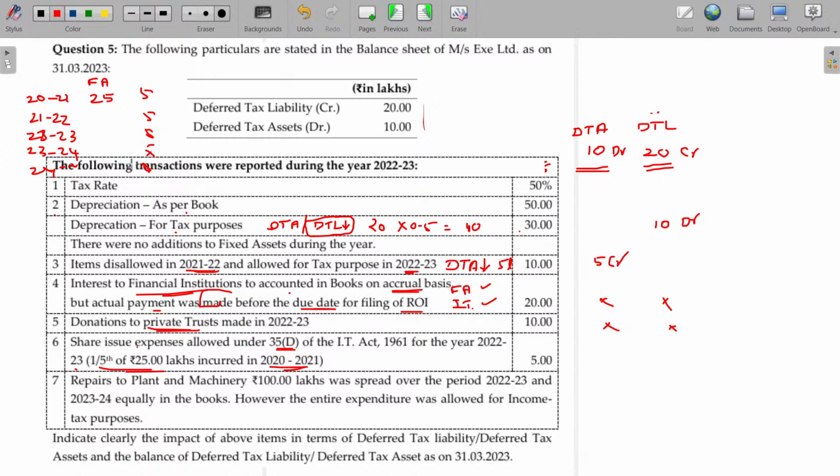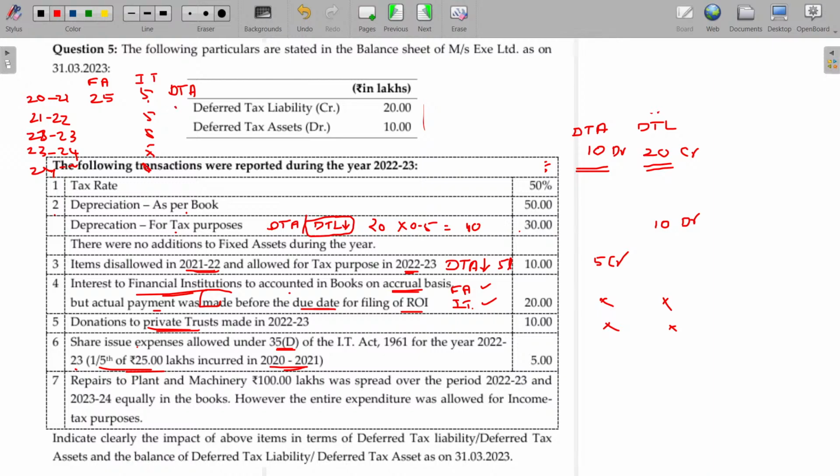Preliminary expenses under section 35 are amortized for income tax purposes. So in income tax you debited only 5, which means profit is 20 higher in the very first year. Higher profit leads to higher payment, but it is recoverable later on. So DTA is created here.